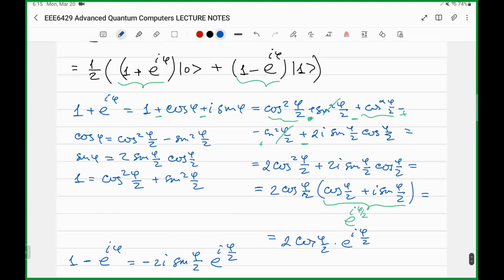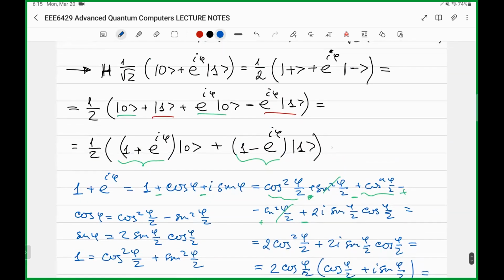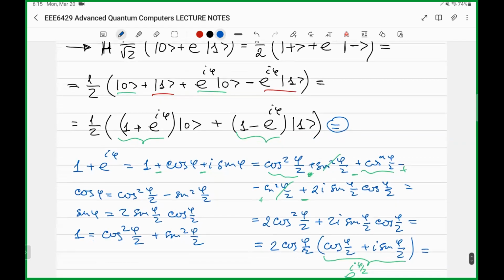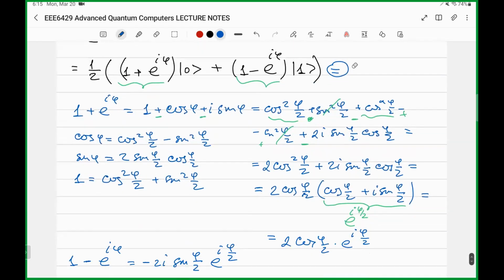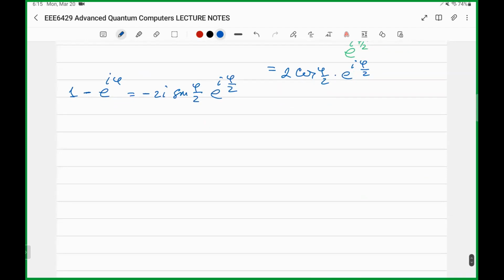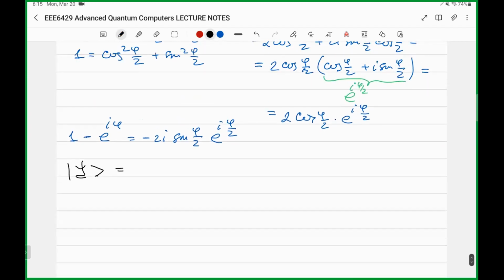Looks good. So now let's return to this one and plug in. Well, actually, let's write this as a state, because this is actually the final state that we are after, right? The state psi and the output of this system, of this circuit. It will be what?